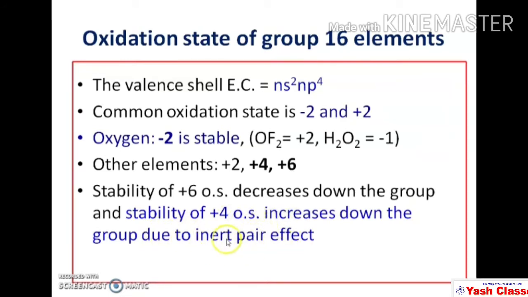Actually, the inner shell s electrons, the pair of s electrons, are inert towards oxidation, and because of that inert pair effect, the stability of the +4 oxidation state increases down the group.